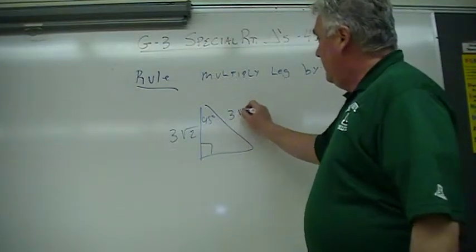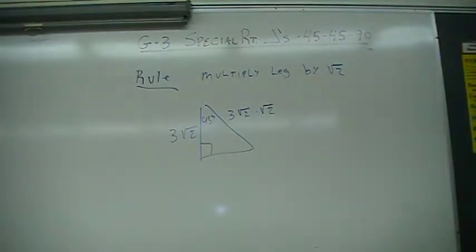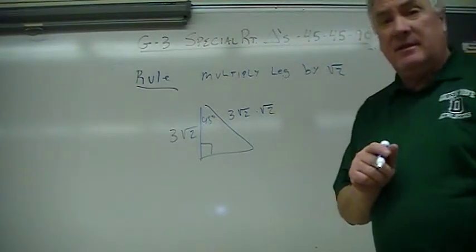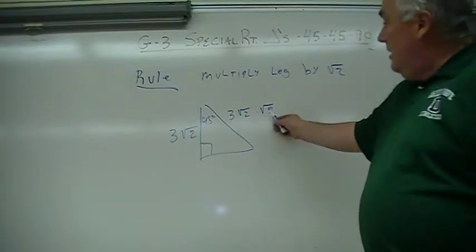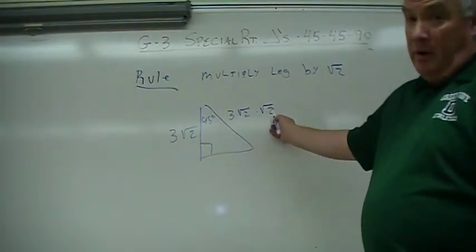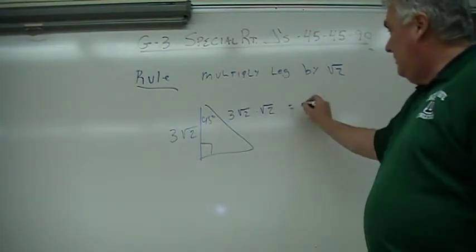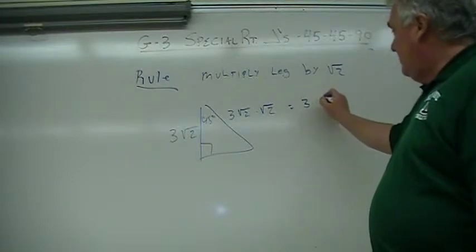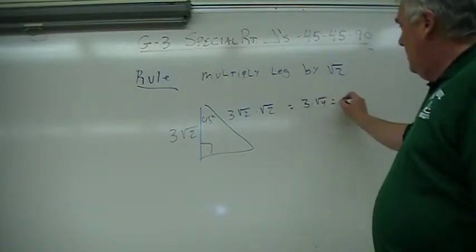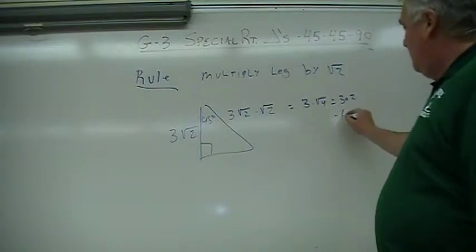So 3 times the square root of 2 times the square root of 2. From our last lesson, G2, square root of 2 times the square root of 2 is the square root of 4, and the square root of 4 is 2. So this is equal to 3 times the square root of 4, 3 times 2, which is 6.